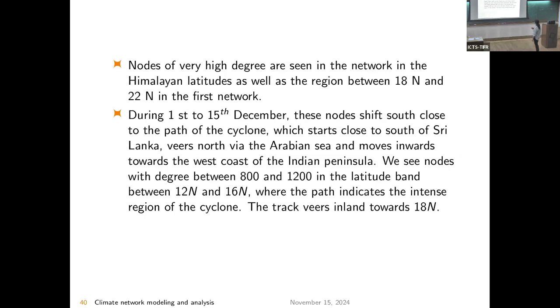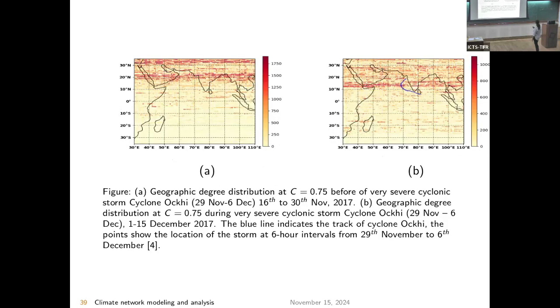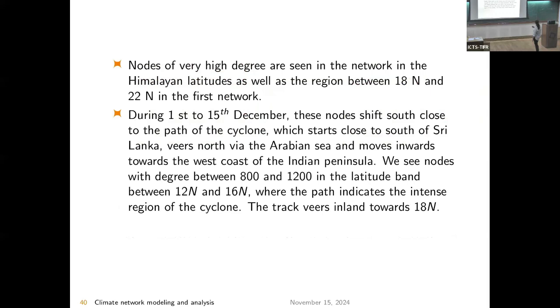We saw nodes with degrees between 800 and 1200 in the latitude band between 12 and 16 north, where the cyclone was actually at its peak, and then the track veers inland towards 18° north.